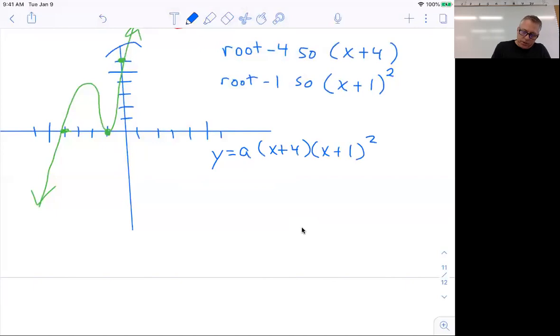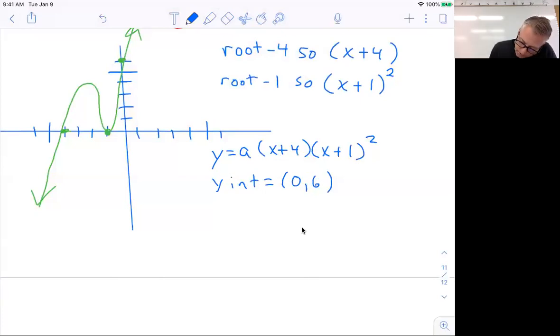That's where the y-intercept comes in. Once we have a point, we know we have a y-intercept at 0, 6. I can plug 0, 6 in to solve this for a. I plug 0 in for the x's, and I plug 6 in for the y, and so a is the only thing left over.